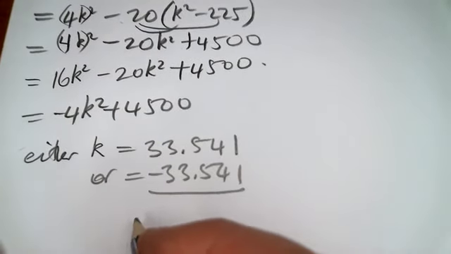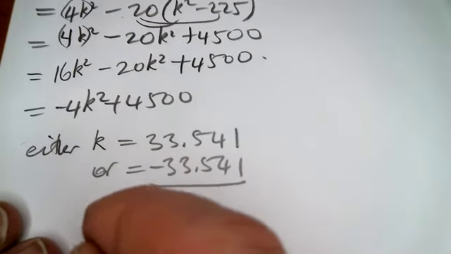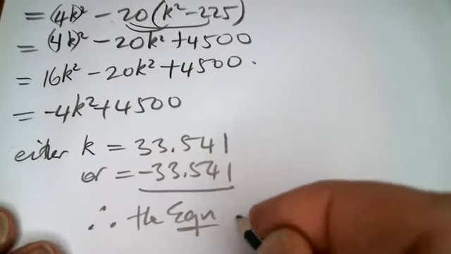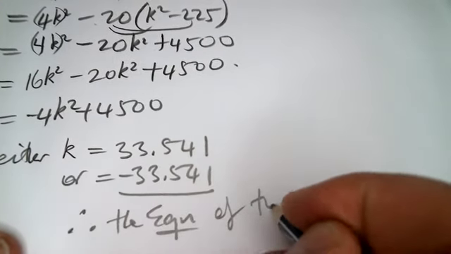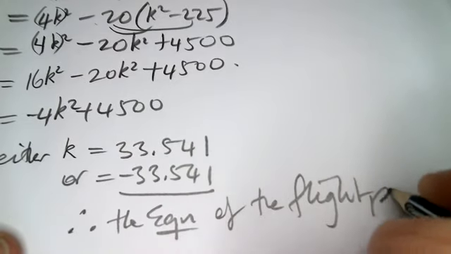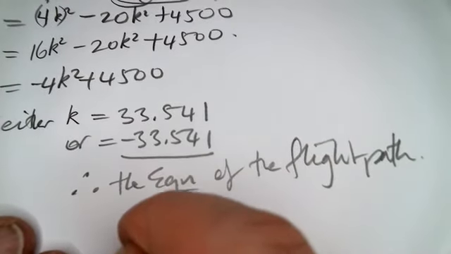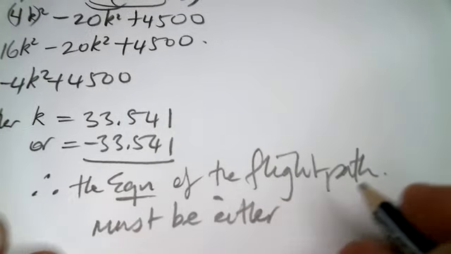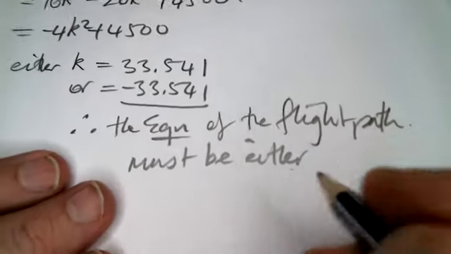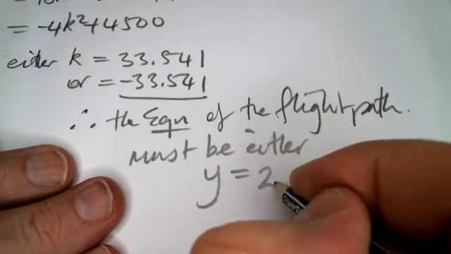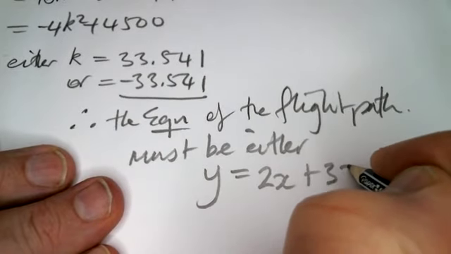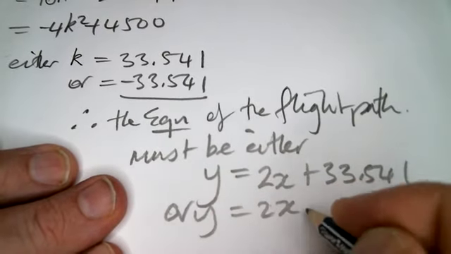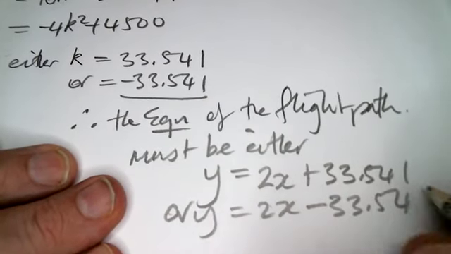So in other words, therefore, the equation of the flight path must be either y equals 2x plus 33.541 or y equals 2x minus 33.541.